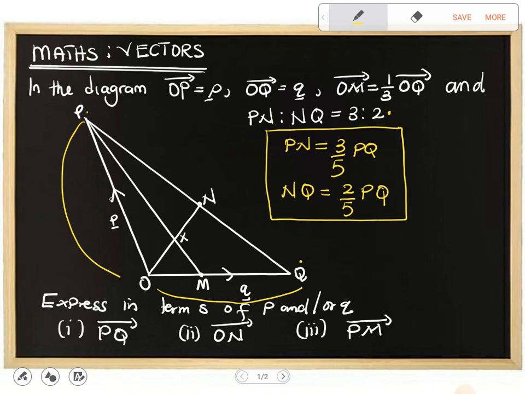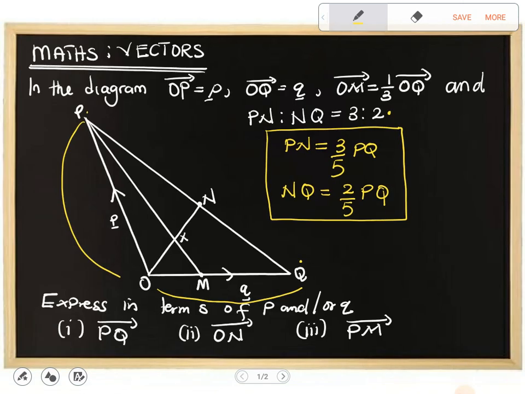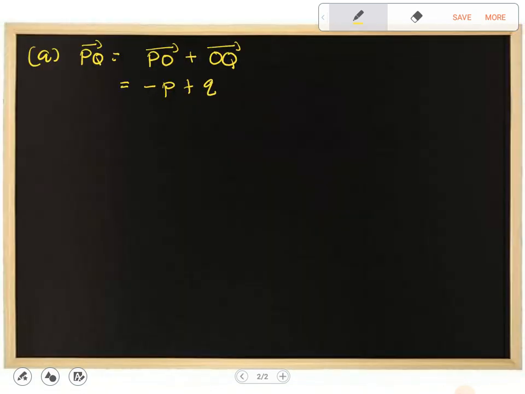It's moving in the opposite direction, because OP is going with the arrow up, so PO is moving in the negative direction. That means PO is just negative P, plus OQ which has been given as Q. You are done. It's okay even if you say Q minus P. This is still the same.